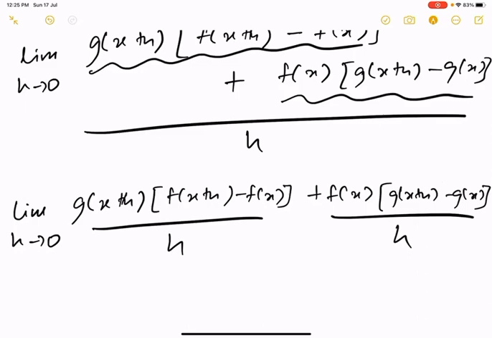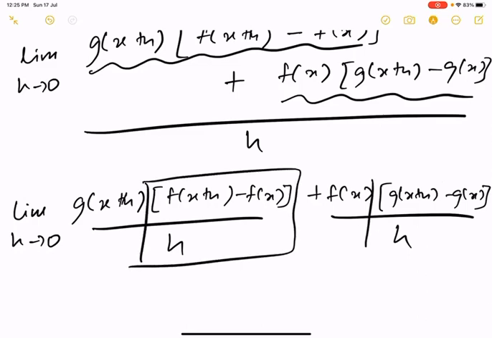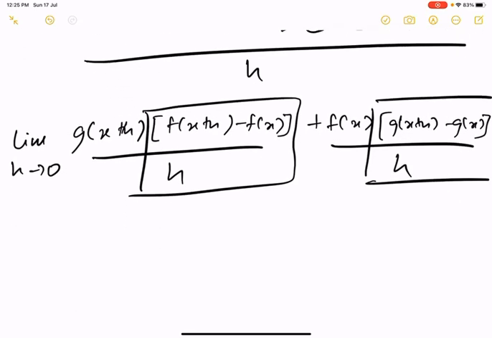Now can you see my limit as h goes to 0? What is this? And what is this? That is your derivative of f, right? And this is derivative of g, right?